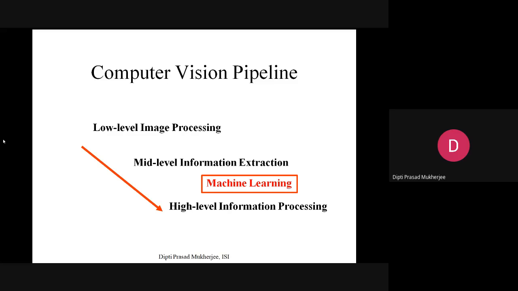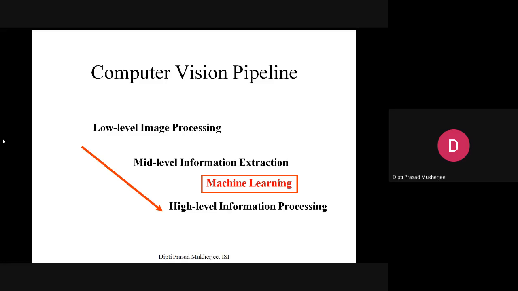If you look at any standard computer vision textbook, you will see there are three distinct steps. We call it pipelines. At the initial level, it's low-level image processing, because what the system is going to get is low-level information, pixel information, and then it processes that low-level information, might include filtering, enhancement, or similar operations.